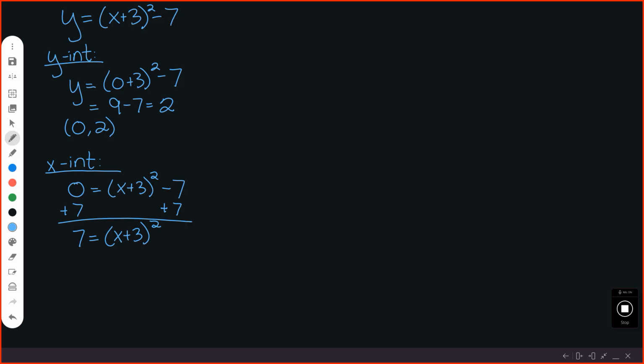It doesn't have x's and x squareds in it, which means I can square root both sides of this equation. I'm going to get plus or minus the square root of 7 is equal to x plus 3. So what I did from here to here was take the square root of both sides.